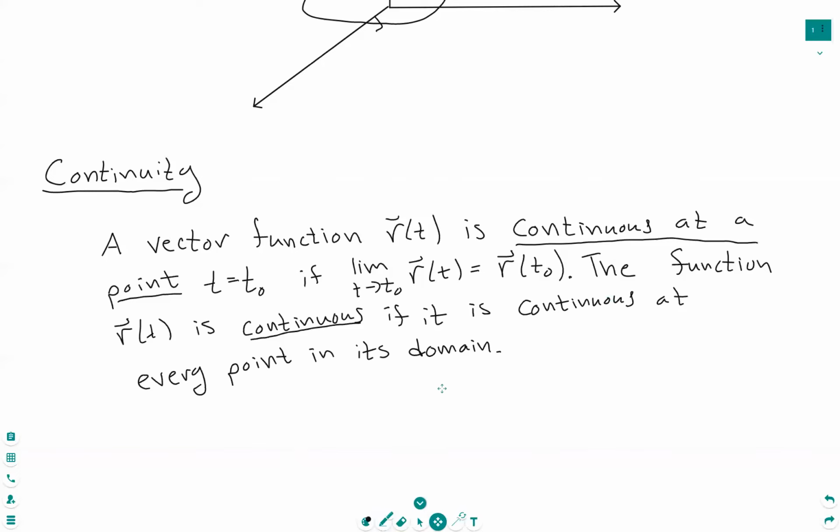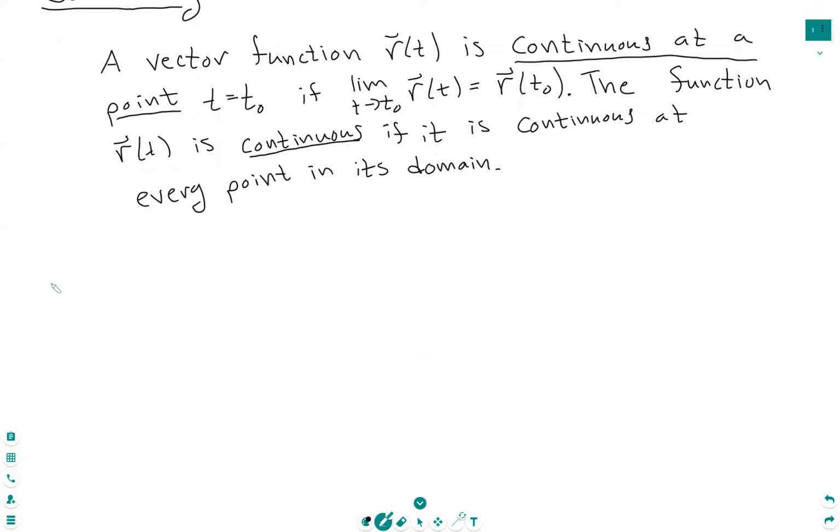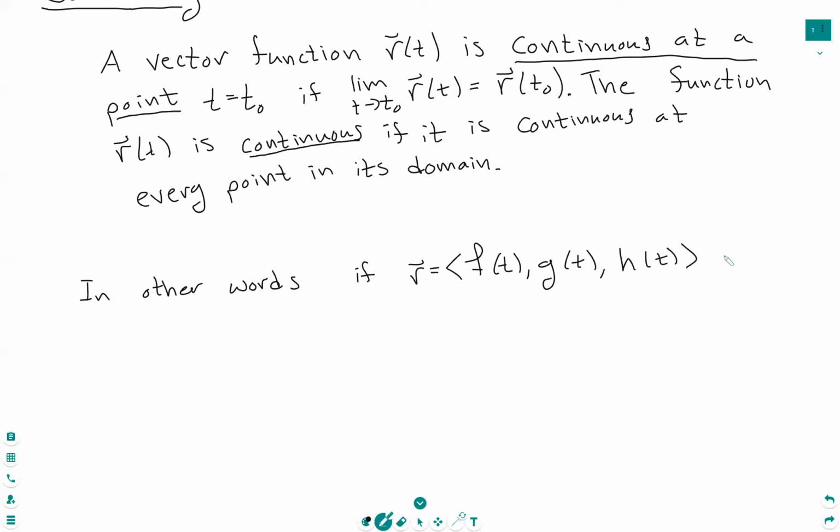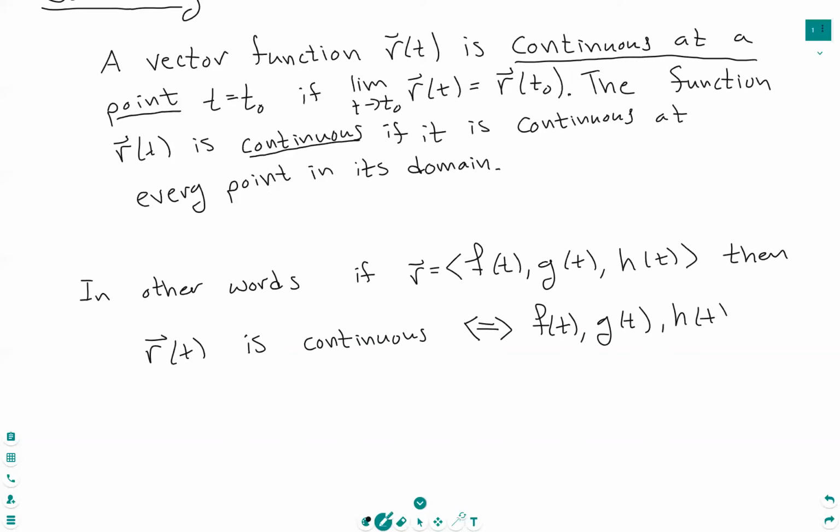So in other words, if I have that r is equal to f of t, g of t, and h of t, then r of t is continuous if and only if the component functions are continuous.